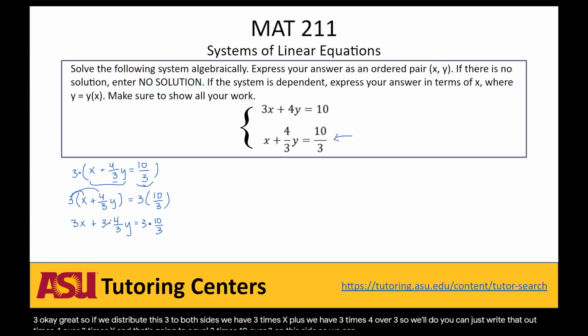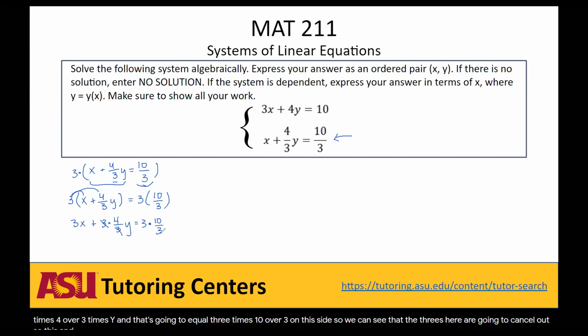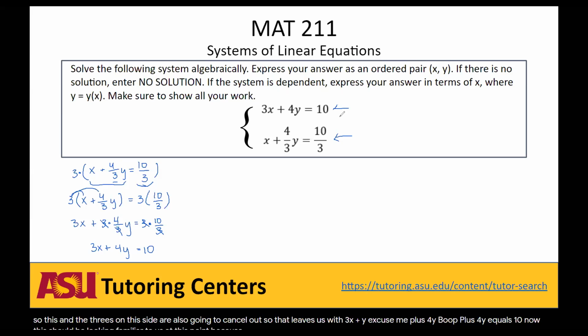So we can see that the 3's here are going to cancel out, and the 3's on this side are also going to cancel out. So that leaves us with 3x plus 4y equals 10.